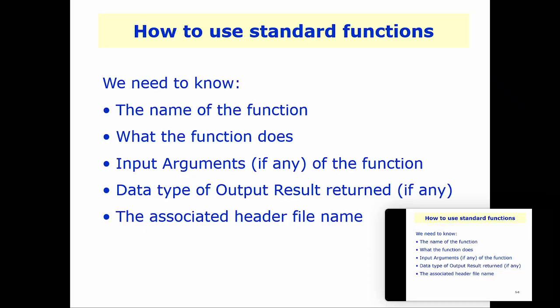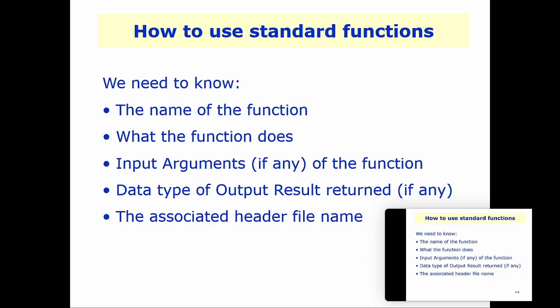If I say pow(10, 2), then it is 10 to the power of 2. If I say pow(2, 3), it is 2 to the power of 3, which is 8. So it requires two inputs, not only integers.